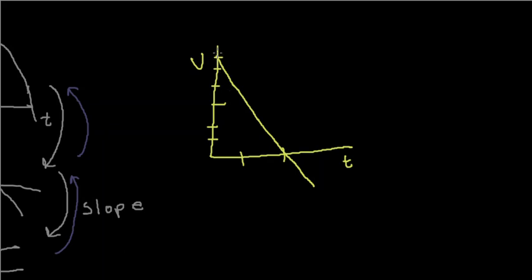So this is 6 meters per second, right? 6 meters per second. So how would we go? Let's say I want to find the position at t equals 2.